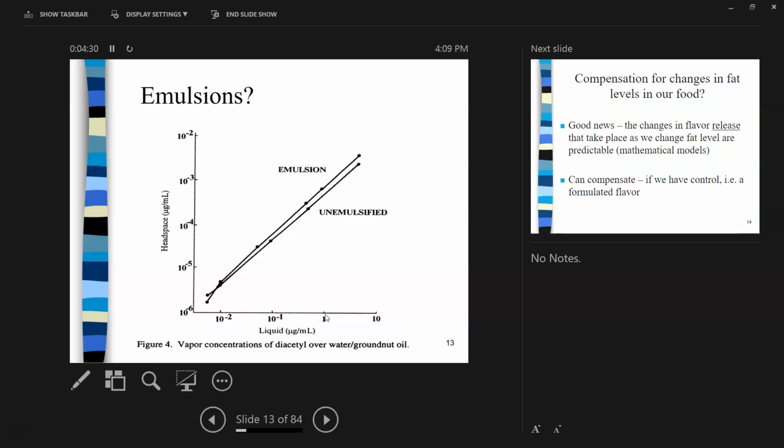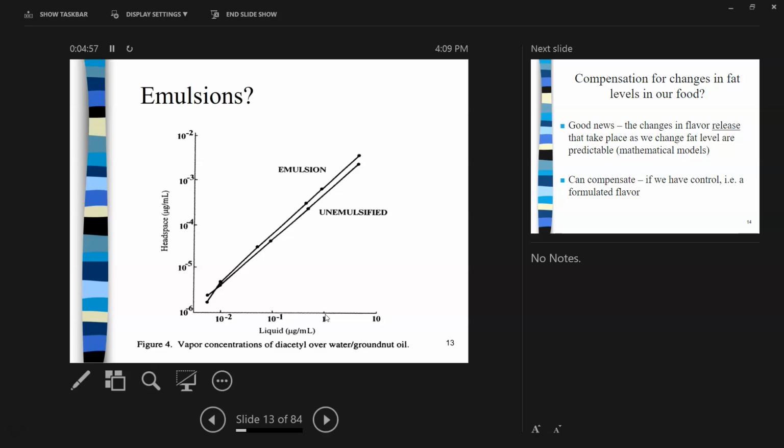what this is trying to show is what happens if you simply put flavor and water together, or you go ahead and make an emulsion out of that flavor and water. Would the emulsion have more flavor or less flavor than simply mixing the system together? And this is diacetyl, so it's like a water-soluble flavor.